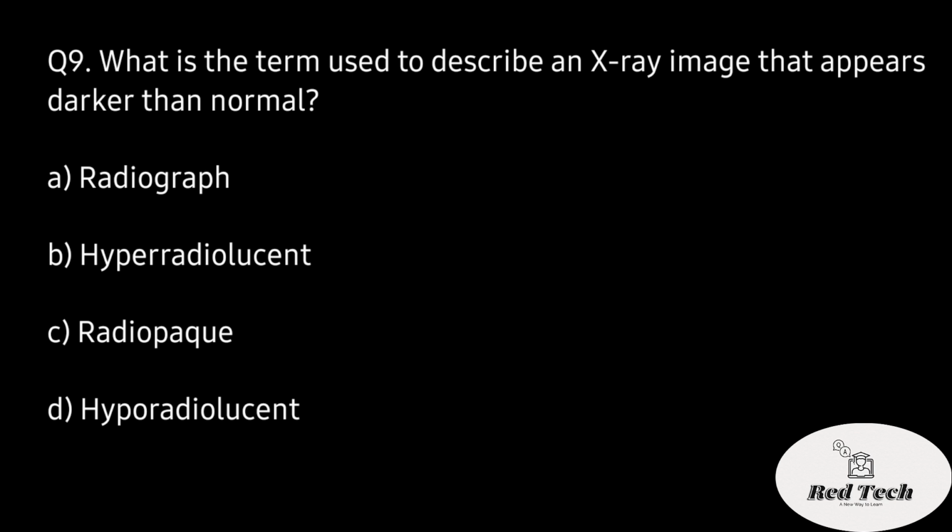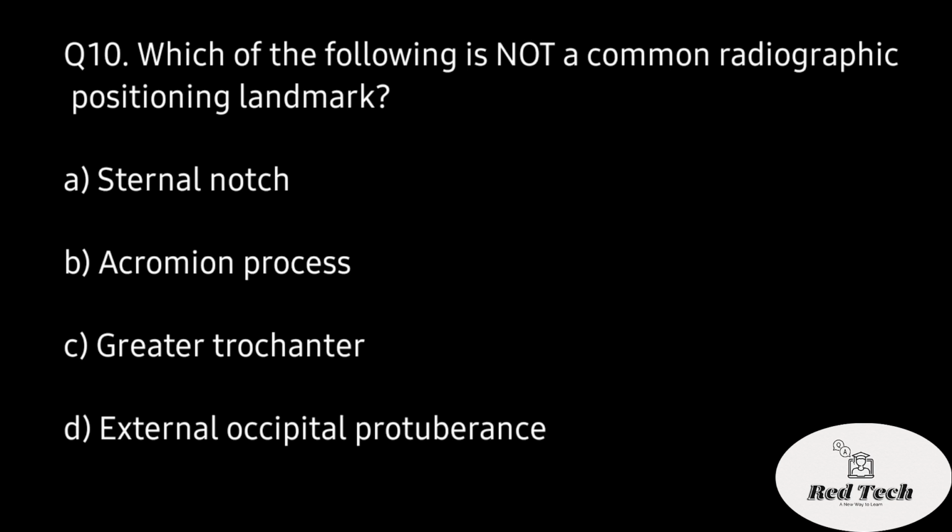Now if we go through the options, radiograph means normal, so that option is incorrect. Radiolucent is an object which X-rays can pass through, radio opaque is one which they can't. So the right answer is option B, hyper radiolucent, which means darker than normal.